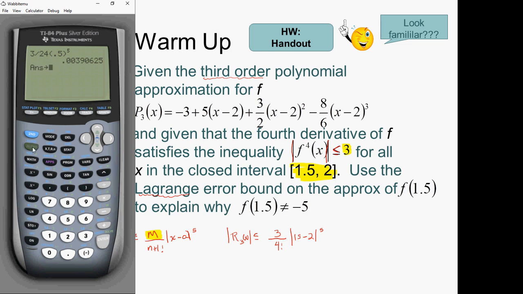Let's store this in alpha A. So, 0.00390625 is the worst error on what?